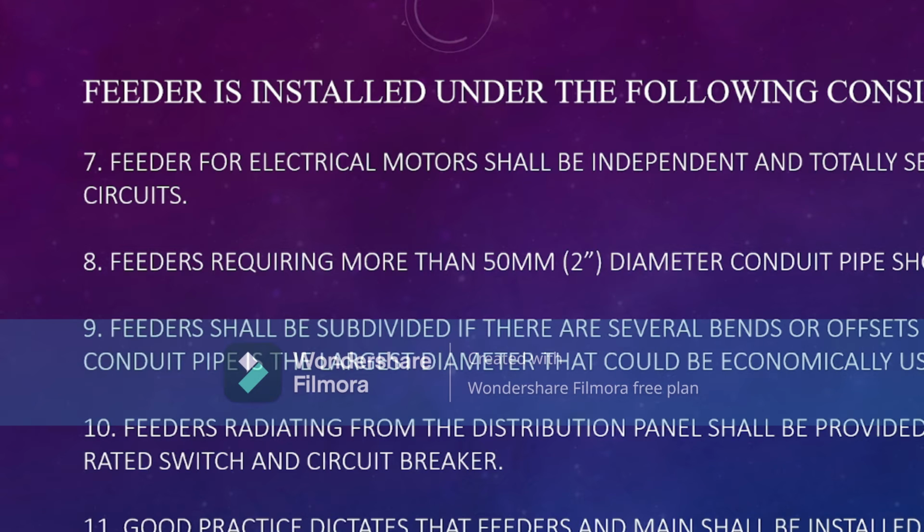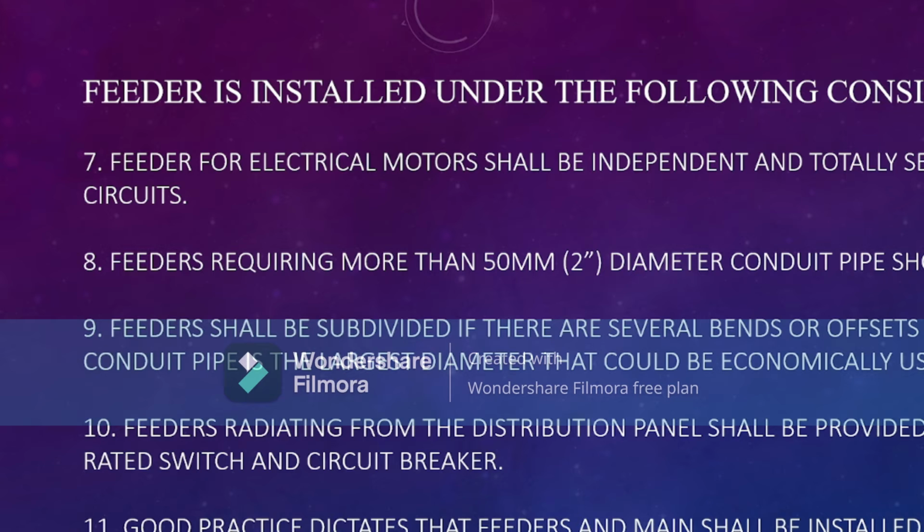Number 8, feeders requiring more than 50 millimeter diameter conduit pipe should not be used. Number 9, feeders shall be subdivided if there are several bends or offsets on the line. 50 mm conduit pipe is the largest diameter that could be economically used.